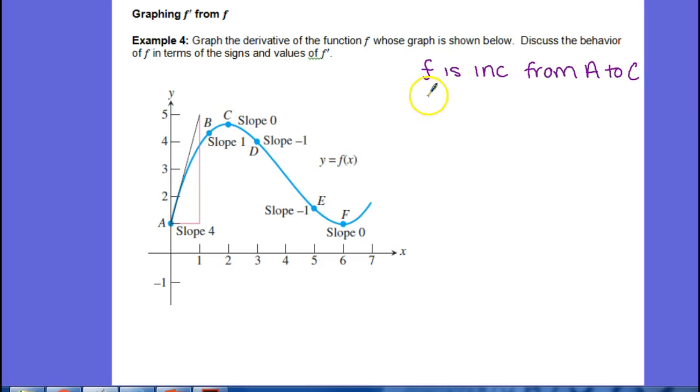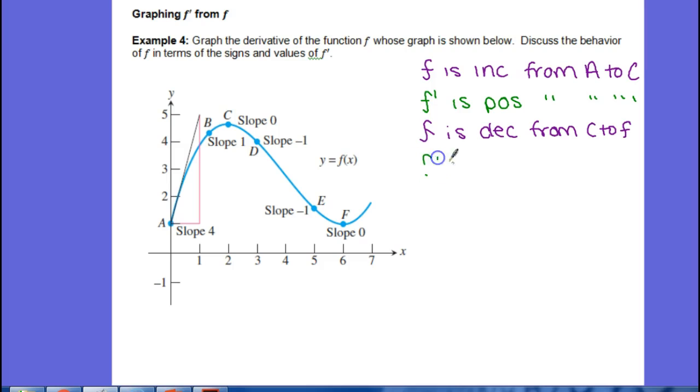If f is increasing, f prime is positive from A to C. If f is decreasing from C to F, then the derivative is what? Perfect. So f prime is negative from C to F.